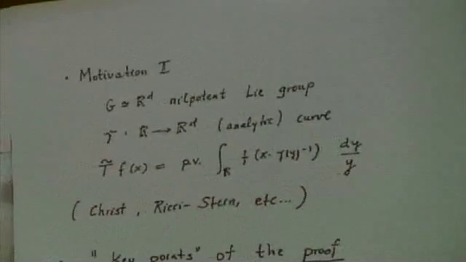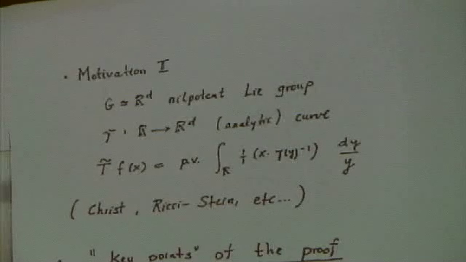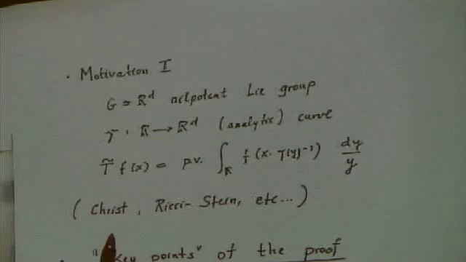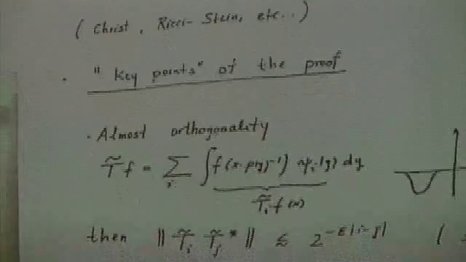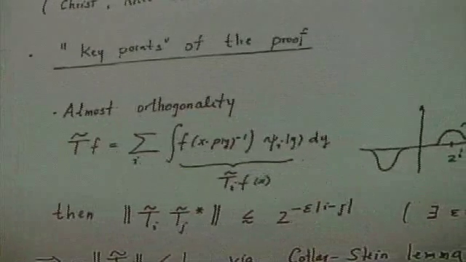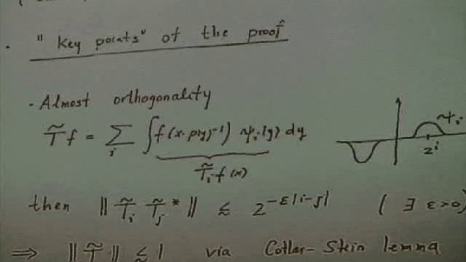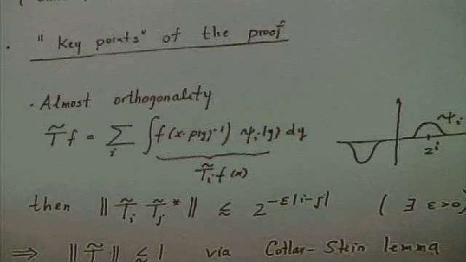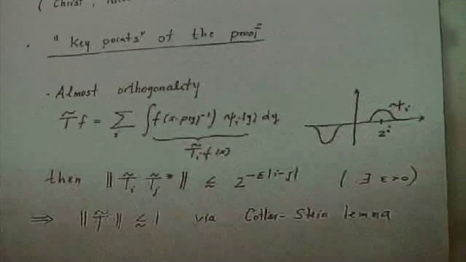I mention this motivation because we use elements of some of the proofs in the continuous case, especially some arguments of Christ and then Ricci and Stein. So, a couple of key points of the proof. It's a little bit technical, so I don't want to get into it very deeply.